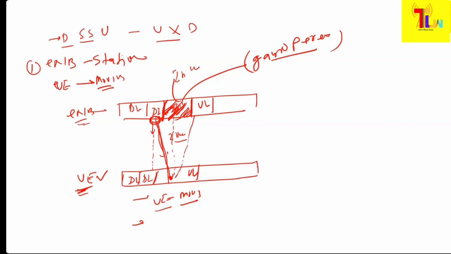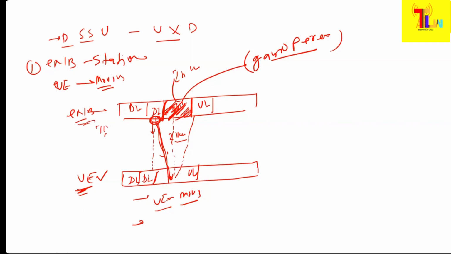It also gives sufficient opportunity for the UV to receive the timing advance command, because we send the timing advance command. So that's why we do this.